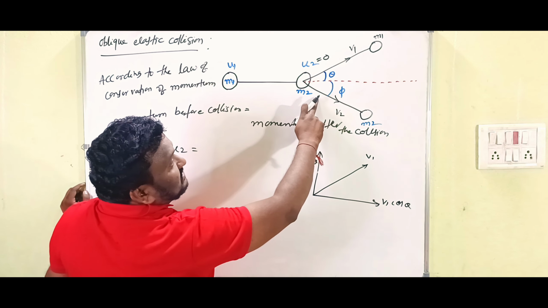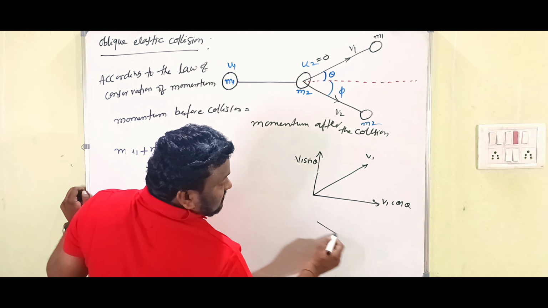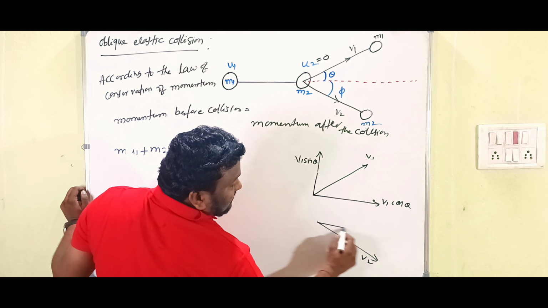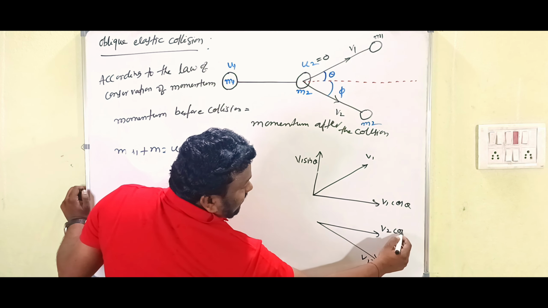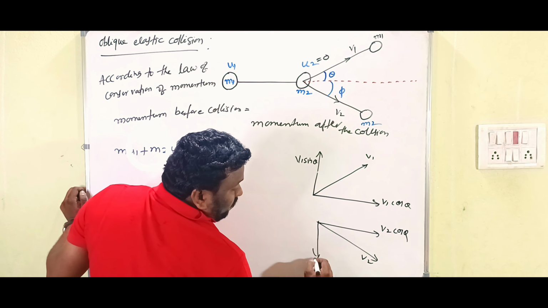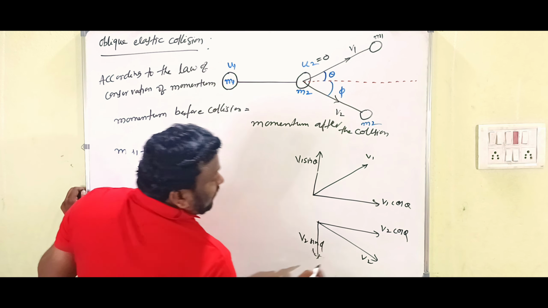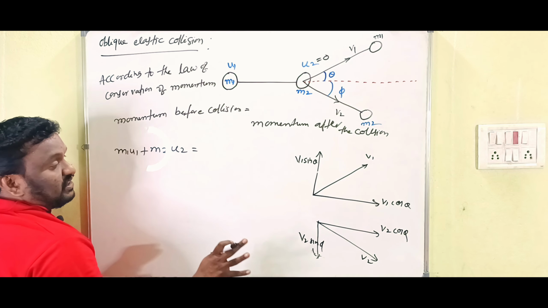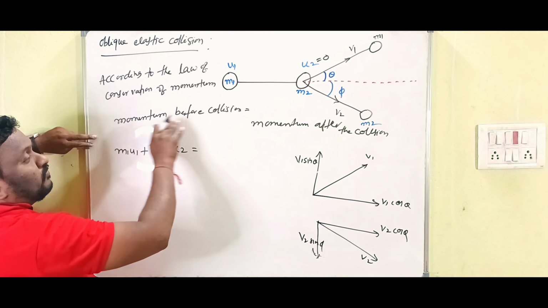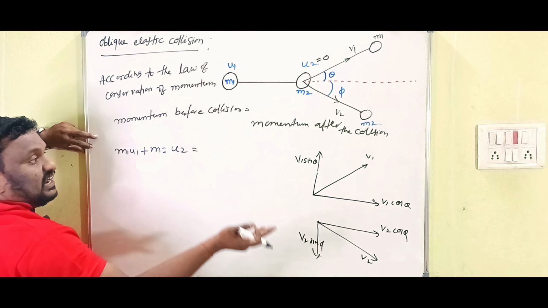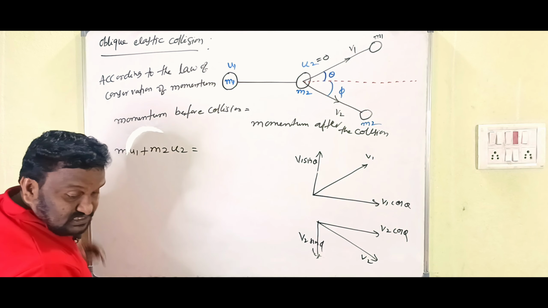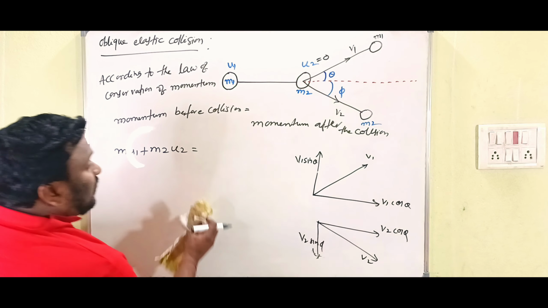Similarly, for the second one, you have to write v2. This is v2 cos pi and this is v2 sin pi. That's why we have to apply the law of conservation of momentum for the x-axis, and at the same time the y-axis.